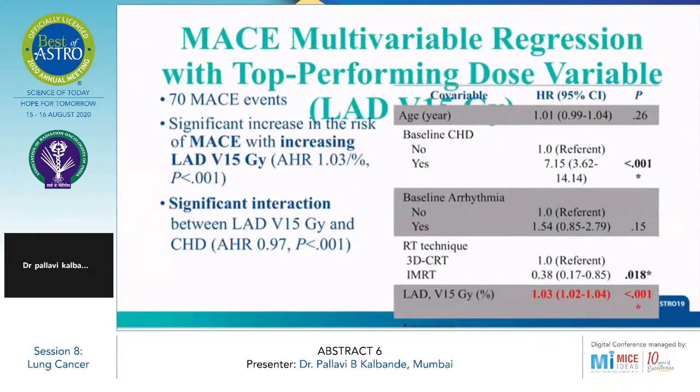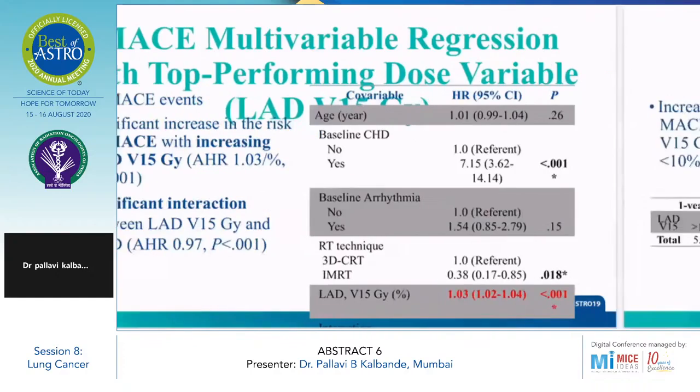In the multivariable regression model, they reported 70 MACE events, with a significant increase in the risk of MACE with increasing LAD V15 gray, that is AHR 1.3, with a significant p-value of less than 0.001. A significant interaction between the LAD V15 gray and coronary heart disease was seen.